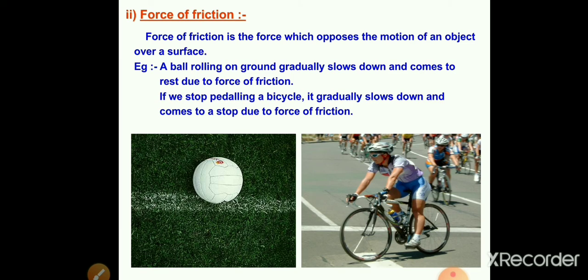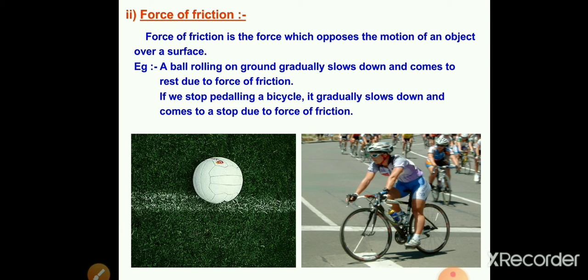What is friction? The force of friction is the force which opposes the motion of an object over a surface. For example, roll a rubber ball on the ground. What do you observe after a few seconds? Is it going to be in continuous motion? No. If you ride a bicycle, when it starts moving with a good speed, stop pedaling.